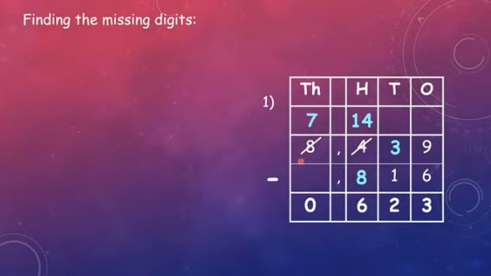It is 7. So 7 minus something should give me a 0 because the answer is only 623. This place is 0. So 7 minus what is 0? 7 minus 7 is 0. Correct? So I got the answer as 8439 minus 7816 gives me a difference of 623.